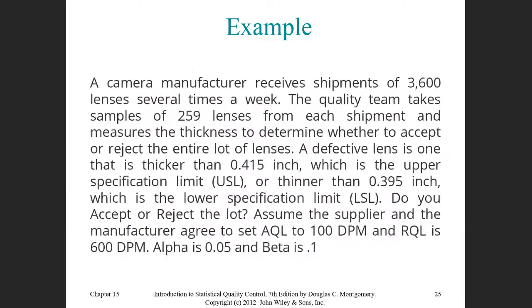Let's go back here. Yes, the upper and lower specifications are given, as well as the lot number. So what will we do in this case, how do we get our result and make the judgment for this sample size?